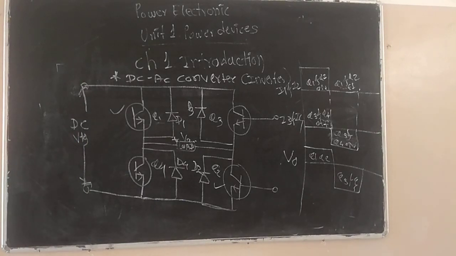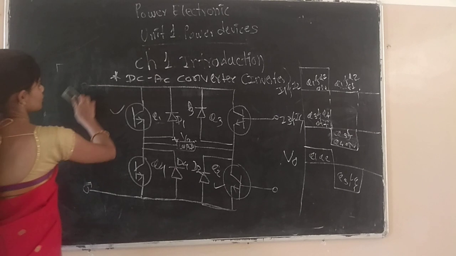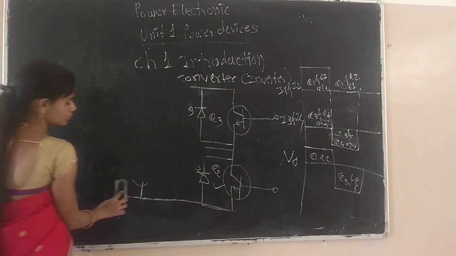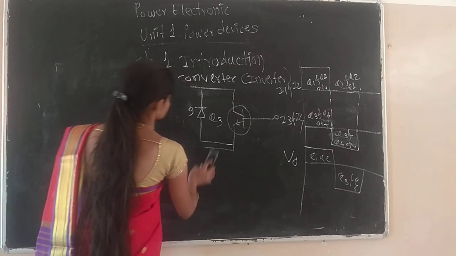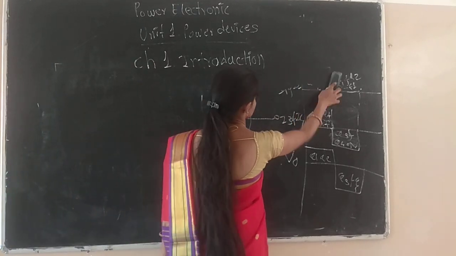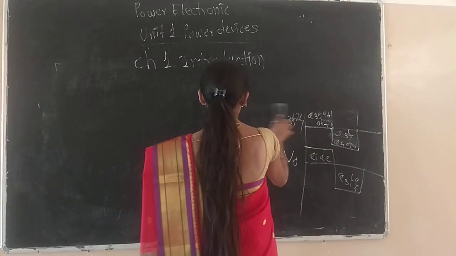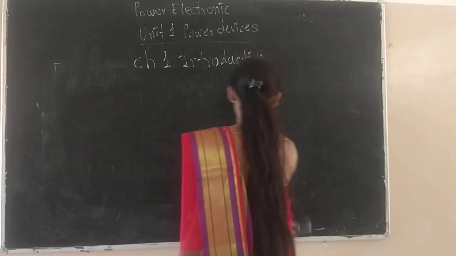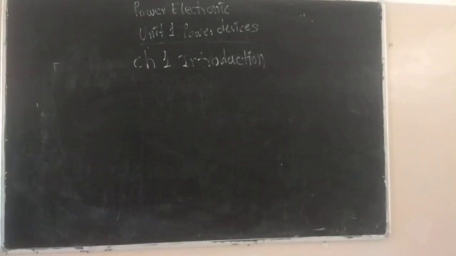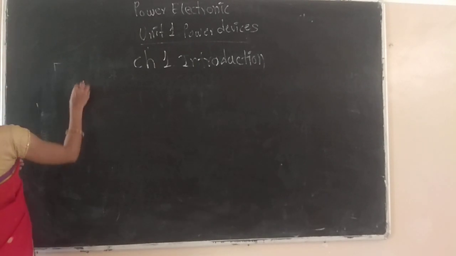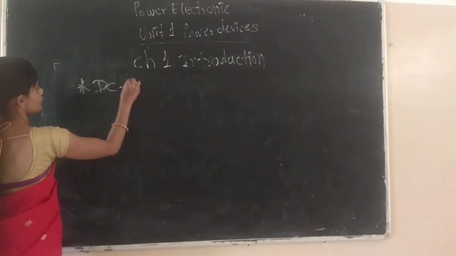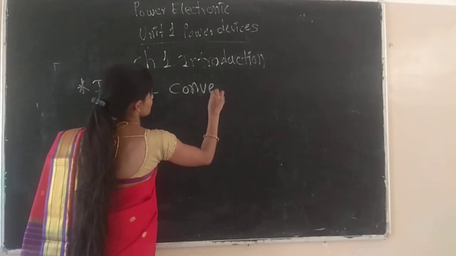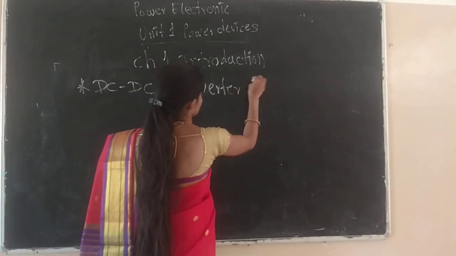Then we see the DC to DC converter, which is nothing but the chopper. Direct current is converted into direct current. This converter is called a chopper.